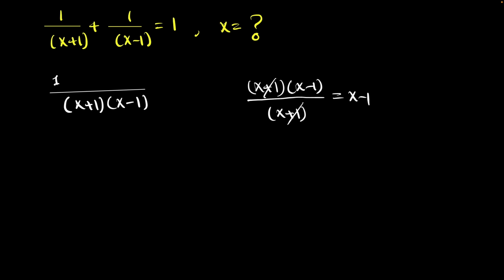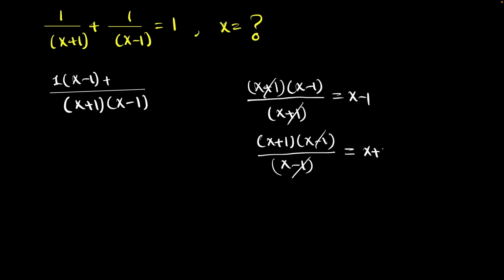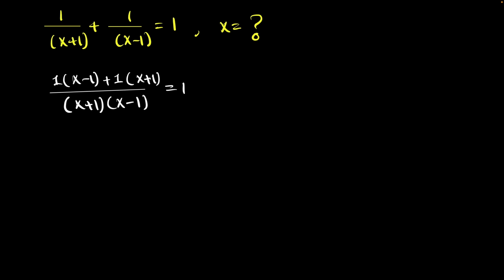So 1 times x minus 1 plus, and when we divide the common denominator by the second fraction's denominator, which is x minus 1, we get x plus 1. So 1 times x plus 1 equal to 1. So let's delete this one and continue solving the question.